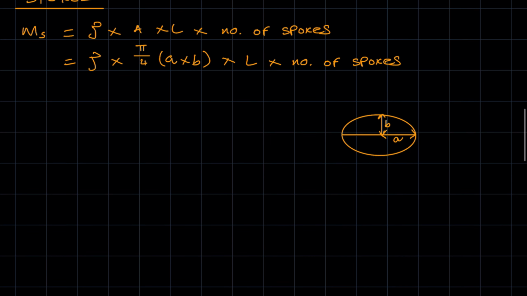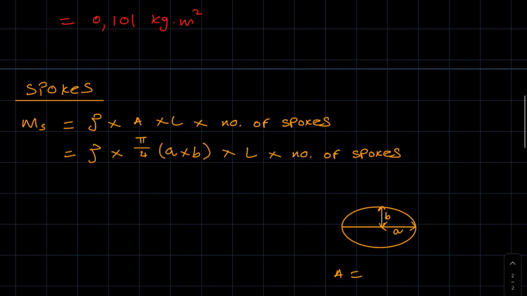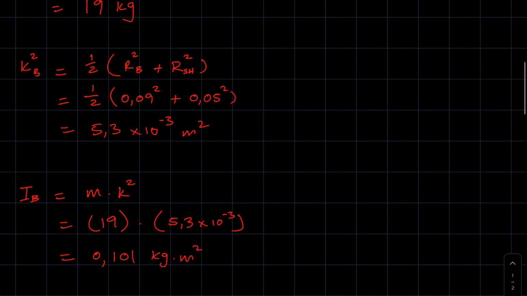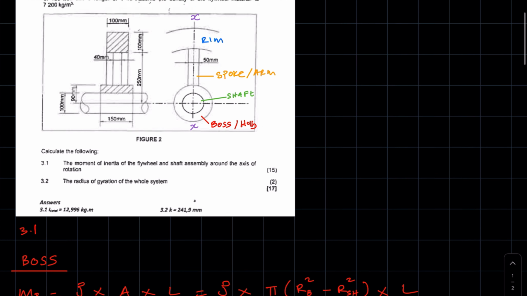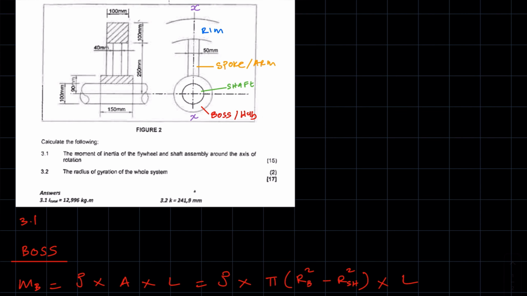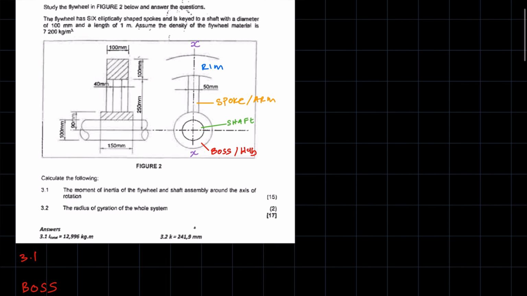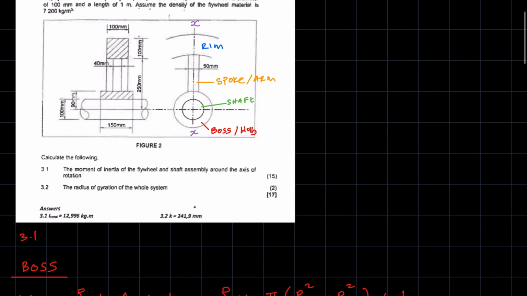So what essentially this means is that to get the area of an ellipse, if you look at what we've been given here on our spoke, we've been given the 50 millimeters, which we get from this perspective.